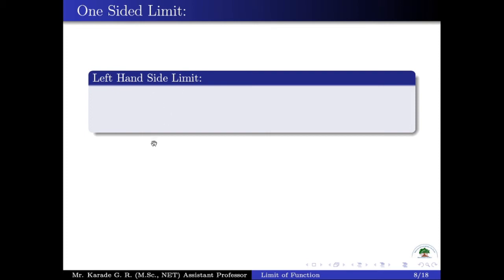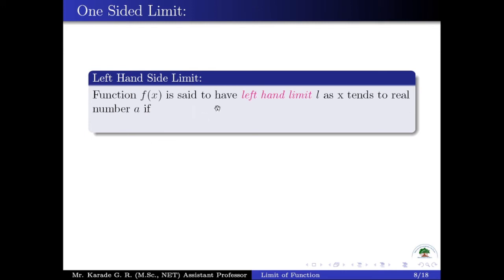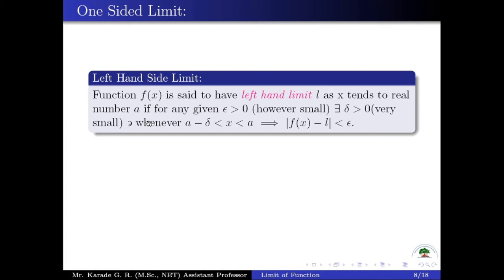Here the function f of x is said to have a left hand limit L as x tends to the real number a if for any given epsilon greater than 0, however small, there exists a delta greater than 0, very small, such that whenever x is greater than a minus delta and less than a, this must imply modulus of f of x minus L is less than epsilon.